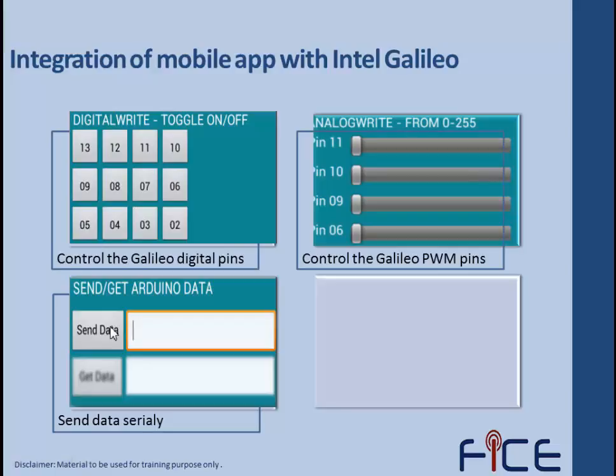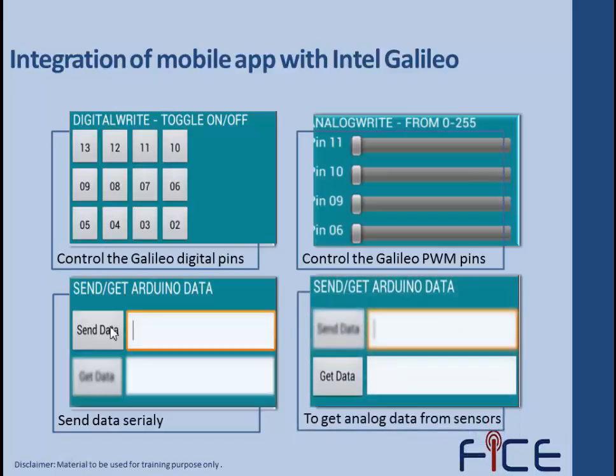If I connect any analog sensor to interact with a physical parameter, by clicking get data on the mobile app, I can get the values we are reading from that particular analog pin. So like this, all 4 features of Intel Galileo can be controlled by using this mobile app.